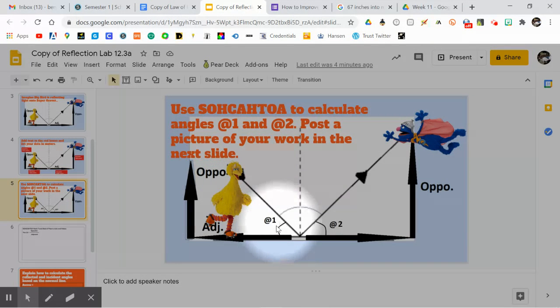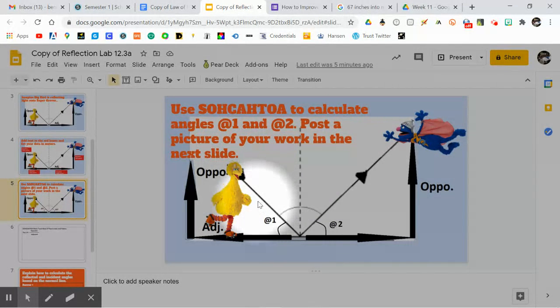So with reference to this angle, the side right across from the angle is the opposite side. And the side right next to the angle is the adjacent side. And the side right across from the 90-degree angle is the hypotenuse.